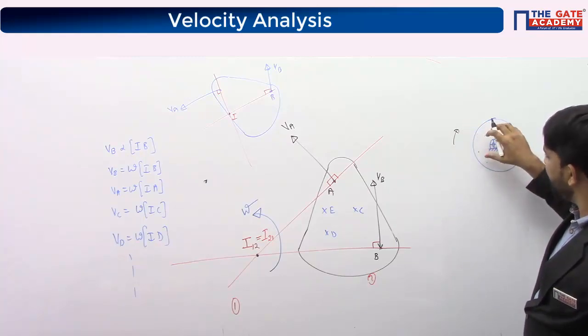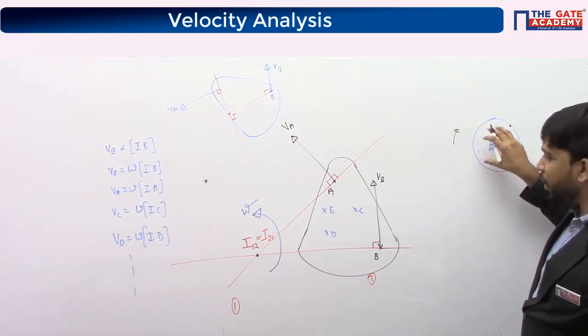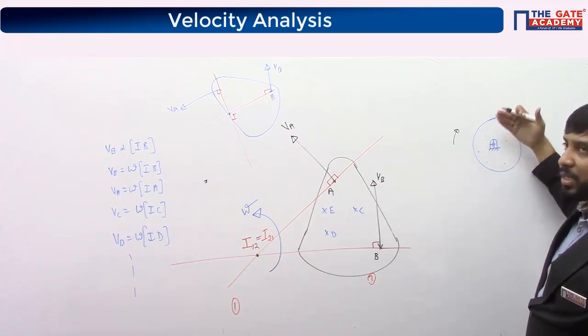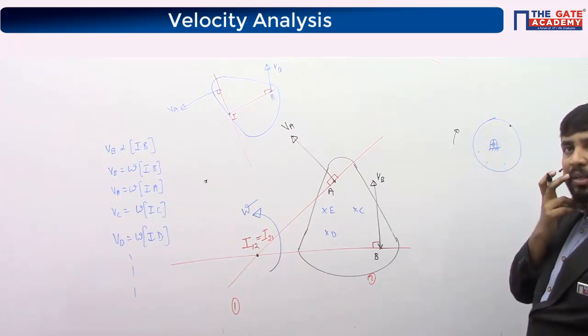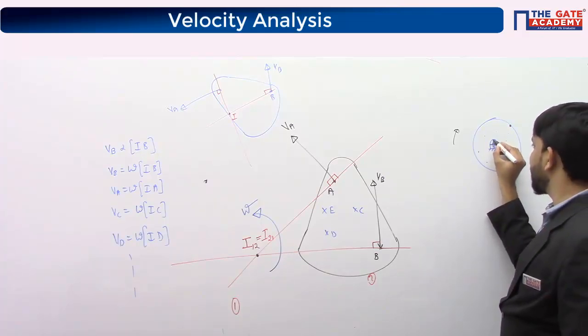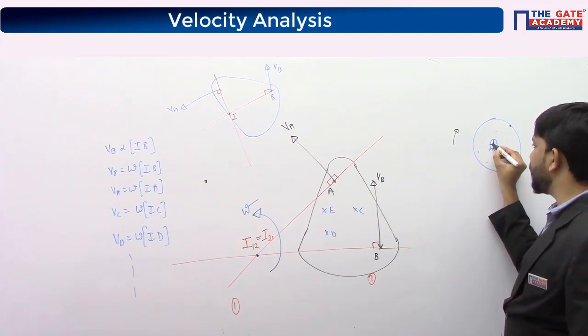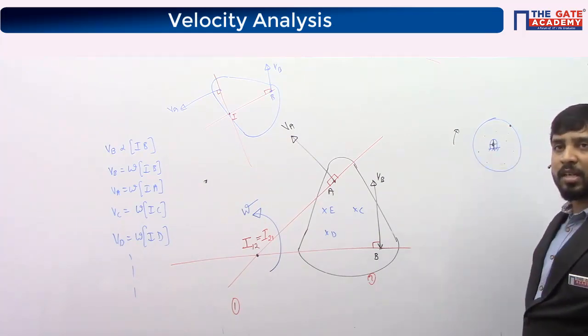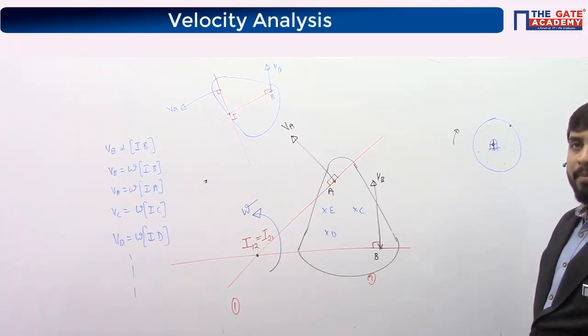When I rotate this disk, all the points on the disk are moving, and all the points on the disk have relative velocities with respect to their coincident points, except one point. So what is that point? If you look at the velocity of the center of the disk, it is 0, and the velocity of the coincident point on the board is also 0.